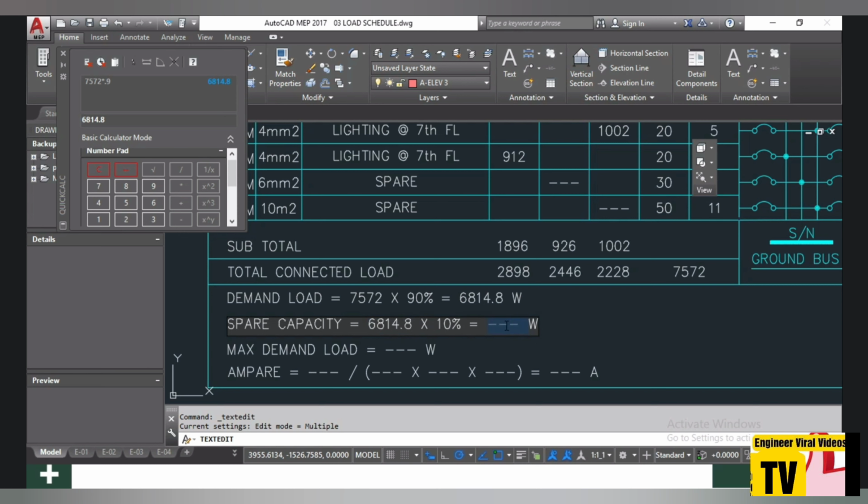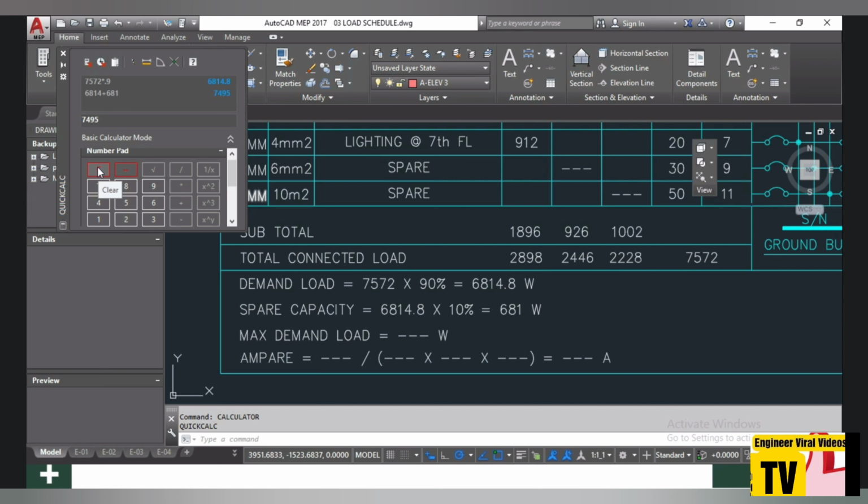After that, for the maximum demand load, I will take the summation of the demand load and the spare capacity: 6814 plus 681, which is 7495 watt.